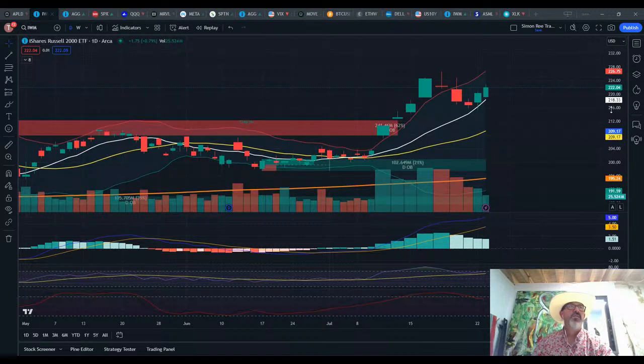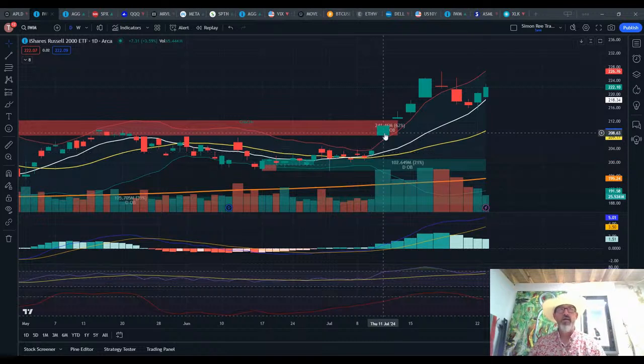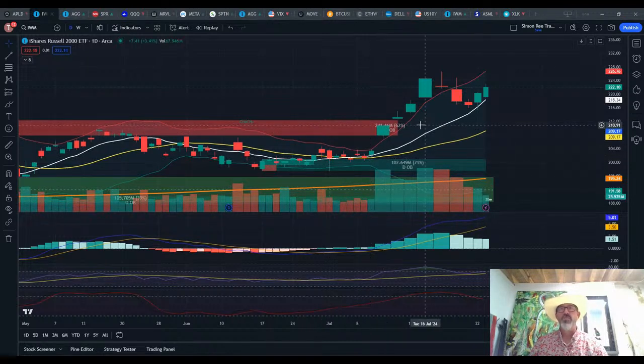This is a daily of the Russell 2000 ETF. Going back to the 10th of July, we had that rotation situation happening out of high beta tech, AI, so Nvidia kind of situation. We had a jump up. We blew through this resistance level on the 12th.